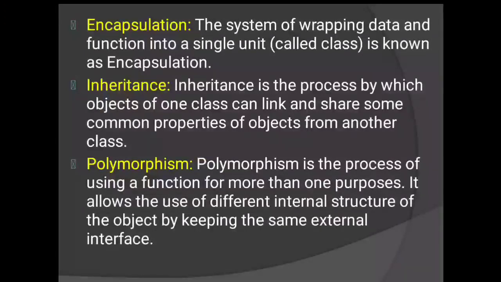Polymorphism is the process of using a function for more than one purpose. It allows the use of different internal structures of the object by keeping the same external interface. That is called polymorphism.